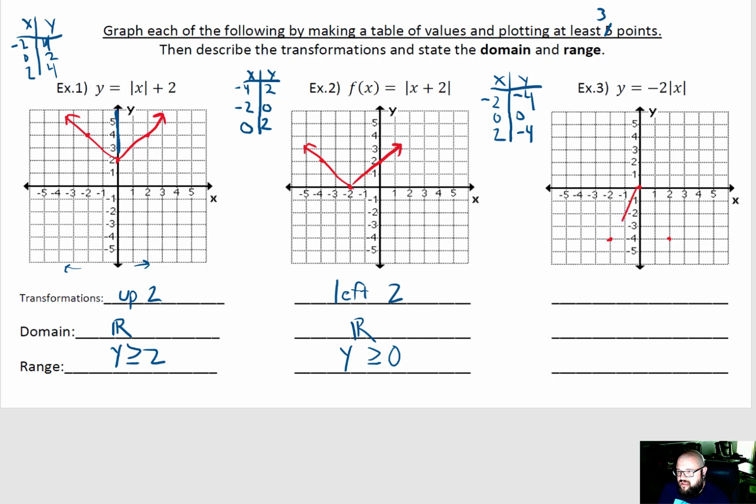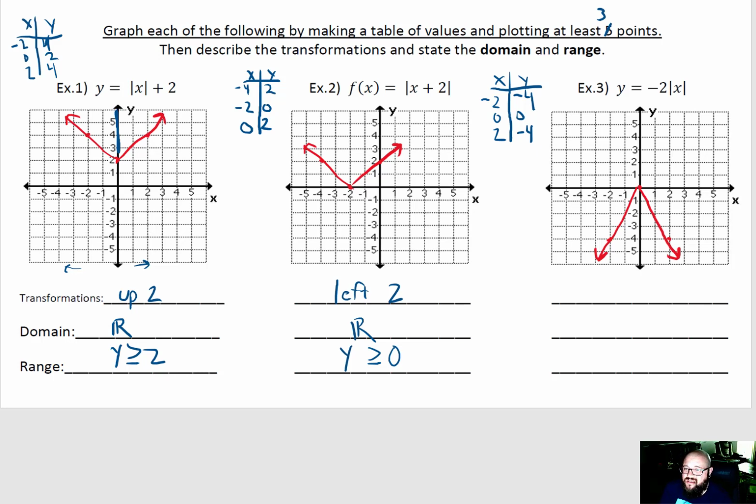So with a negative 2 in front of the absolute value sign, the value in front of the absolute value sign can determine which way the graph is going to open. So you determine which way it opens and whether it vertically stretches or compresses it. That could be a possibility as well.